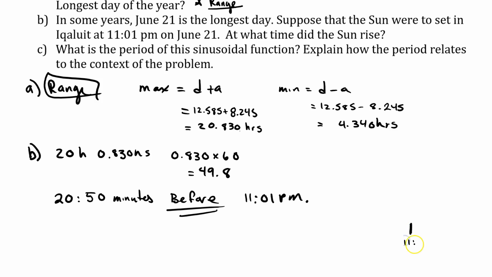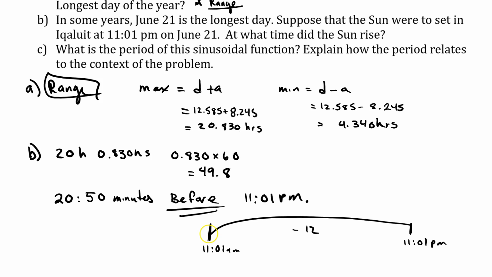So I'm going to say 11:01. I'm going to go 12 hours before, so minus 12. This is going to be 11. This is p.m., this is going to be 11:01 a.m. So I'm going to go 11, and I'm going to go 8 more hours.